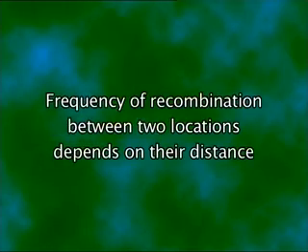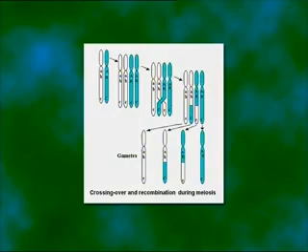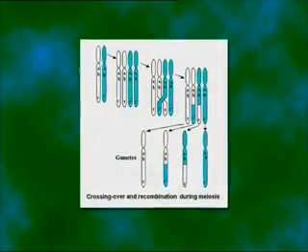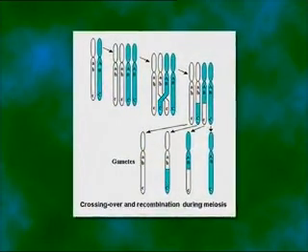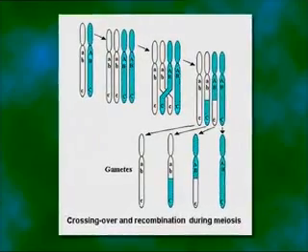Because recombination can occur with small probability at any location along a chromosome, the frequency of recombination between 2 locations depends on their distance. Therefore, for genes sufficiently distant on the same chromosome, the amount of crossing over is high enough to destroy the correlation between alleles.